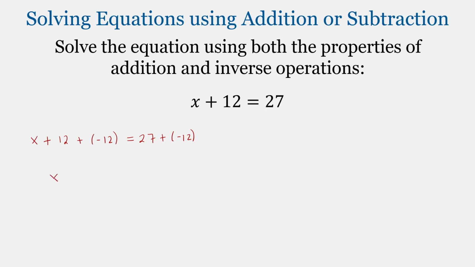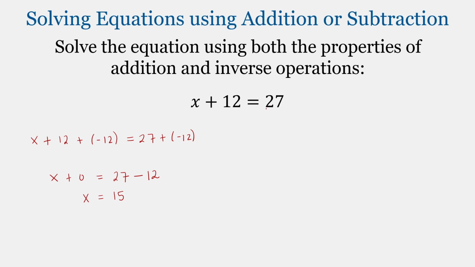So we have x plus 0 is equal to, and then now we have 27. This is plus a negative. That's the same as subtraction. So we have 27 minus 12. And this gives us x equal to 15. This is how we would solve this using the properties of addition.